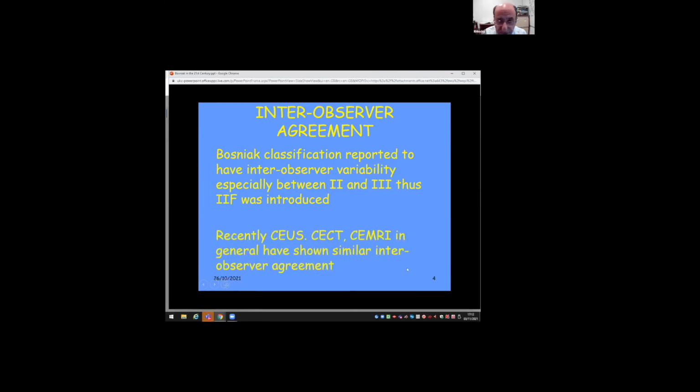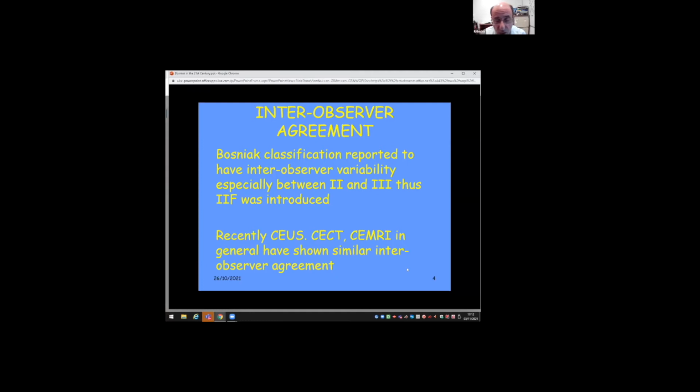Of course, recently, we have multiple other methods of examination, not just contrast enhanced CT scan. Now I'm going to use CECT. We have contrast enhanced ultrasound, and we have contrast enhanced MRI.